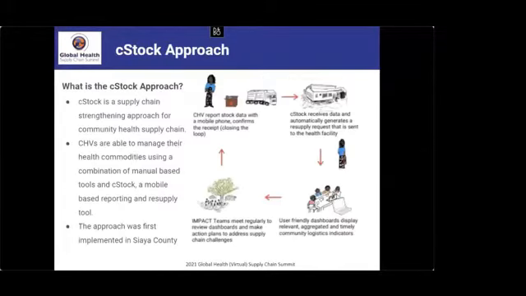So what is the Systock approach? This is a supply chain strengthening approach, which enables CHVs to manage commodities. It uses three components. The first is mobile technology that provides logistics data. The second is a user-friendly dashboard, which enhances end-to-end data visibility with standardized resupply processes.